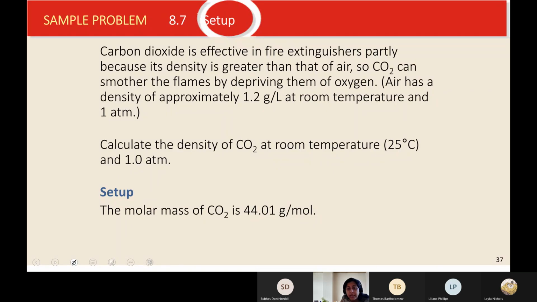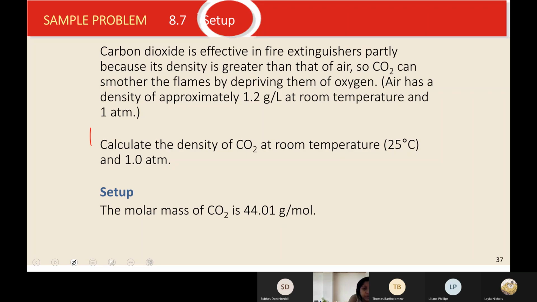Air has a density of approximately 1.2 grams per liter at room temperature and 1 atm. Calculate the density of carbon dioxide, CO2, at room temperature, 25 degrees Celsius, and 1.0 atm. The molar mass of carbon dioxide is 44.01 grams per mole.